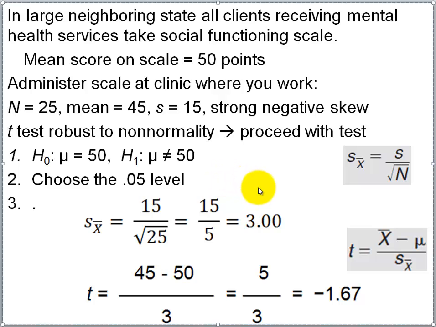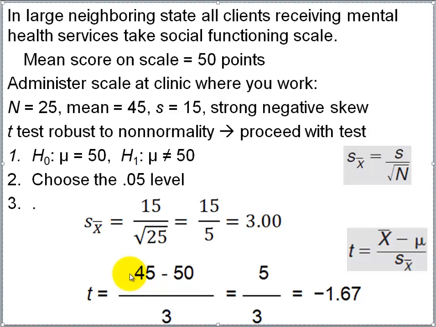The third step is to carry out the calculation, and the first step in that calculation is plugging our formula in for the estimate of the standard error of the mean. So we take the sample standard deviation of 15, we divide by the square root of the sample size, and the estimate of the standard error of the mean is 3.